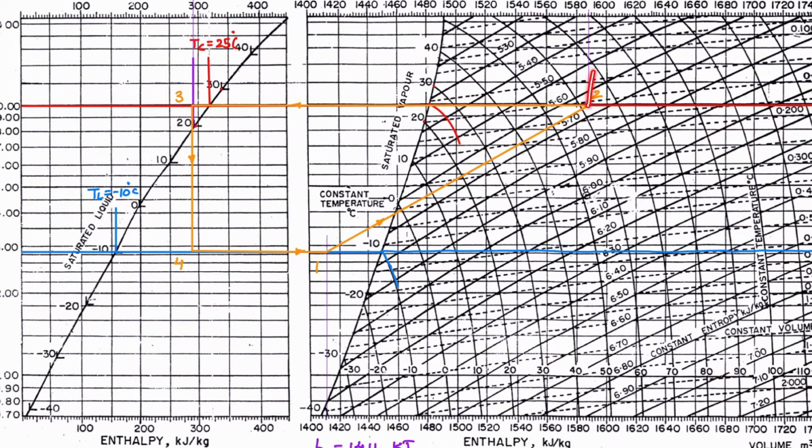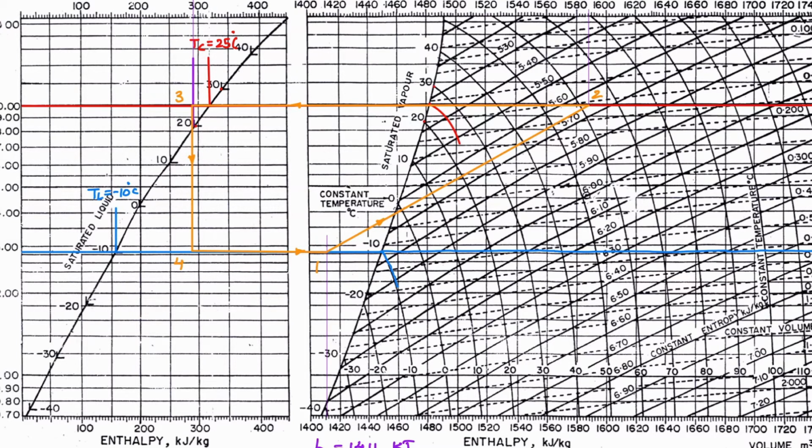So this part will be desuperheating and then condensation, and then this part will be subcooling. Then from 3 to 4 we have to draw a vertical, up to low pressure. After drawing the cycle, we have to name the points, 1, 2, 3 and 4, and after that we have to draw arrows: 1 to 2, 2 to 3, 3 to 4 and 4 to 1.